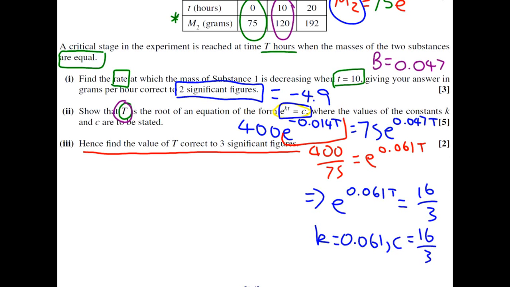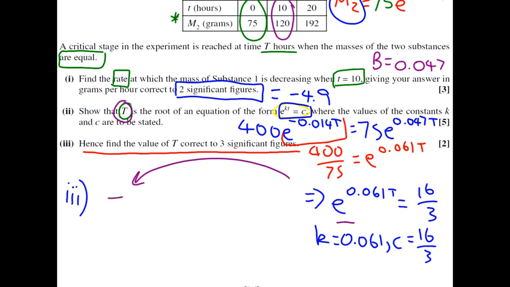Final part, trying to solve this equation, part 3. So, as I was about to say, we take ln of both sides, which is the inverse of exponential, and then we just divide by 0.061.